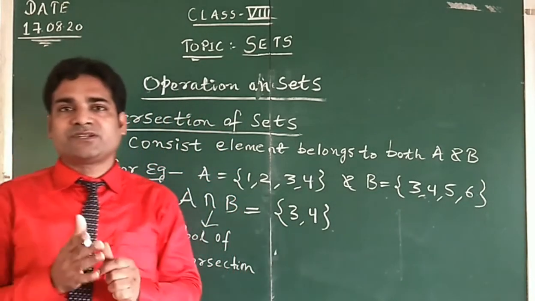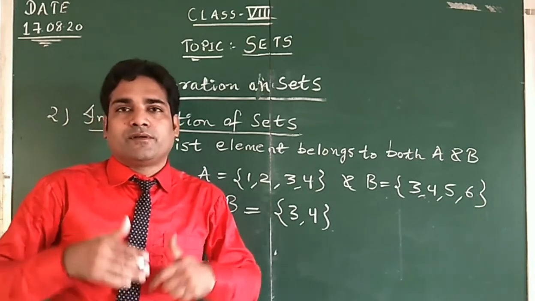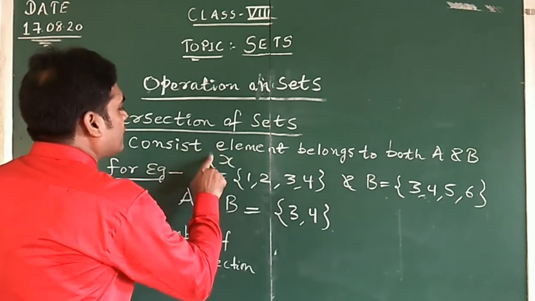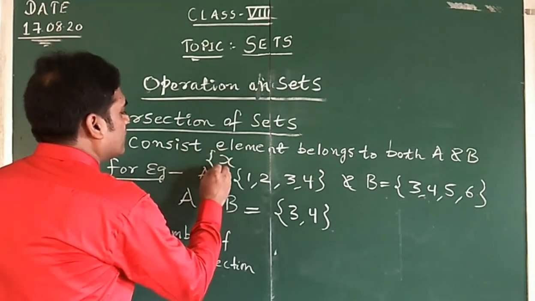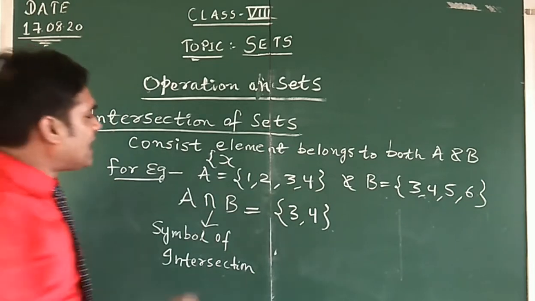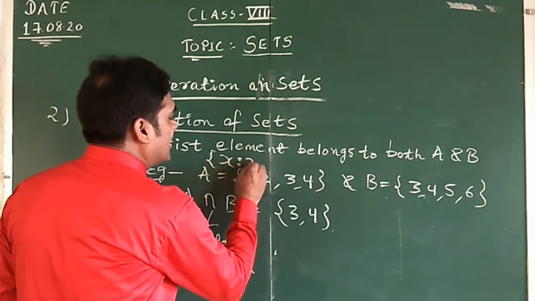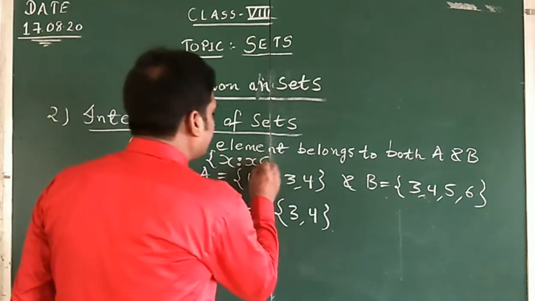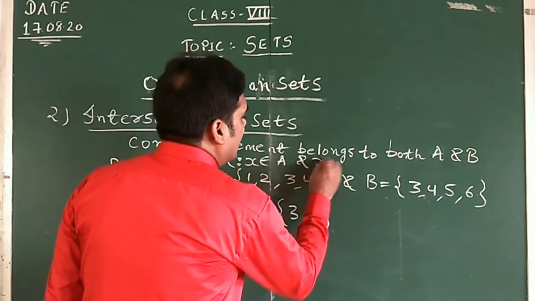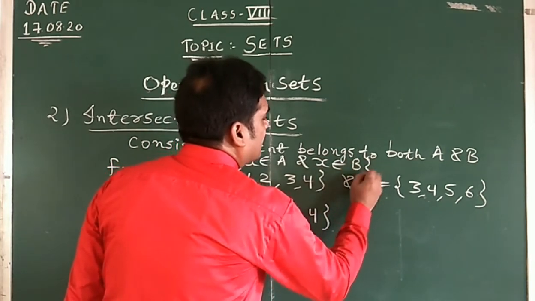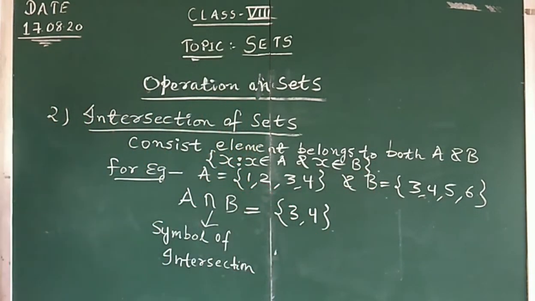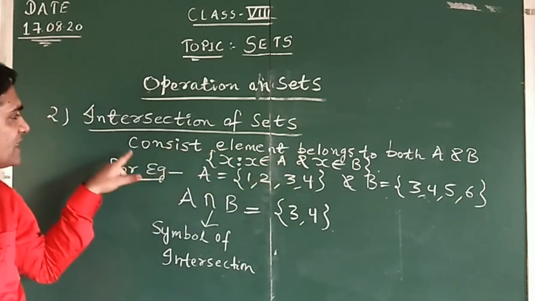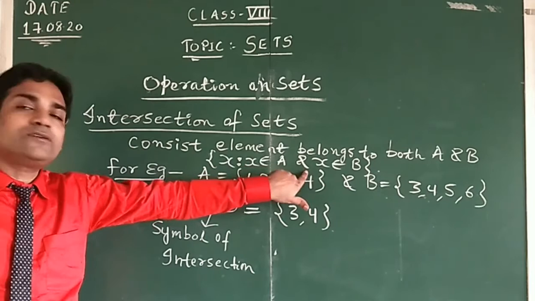And if you write it in rule method, what can you write? The set of x, in curly brackets, since a set is always put in curly brackets, such that x belongs to A and x belongs to B. Remember children, in union of sets this is OR, but in intersection of sets we have to write AND.